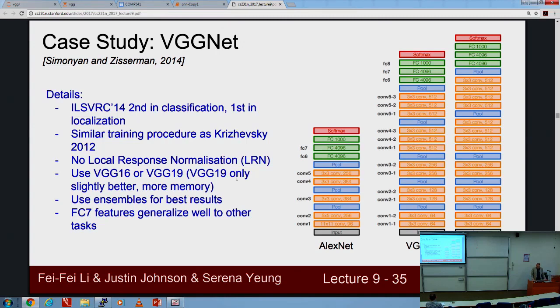And they use FC7 features for other tasks, just like I was talking about using existing models for other tasks.